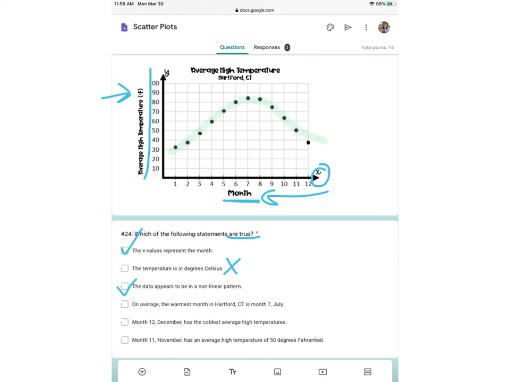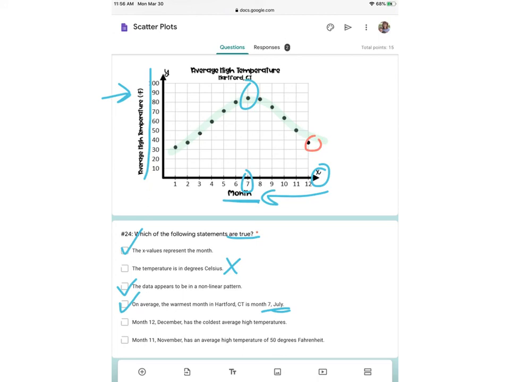On average, the warmest month in Hartford, Connecticut is the month of July. So we have to know July is the 7th month. January, February, March, April, May, June, July. That is the 7th month. And that does look like the warmest temperature. Two more choices. Month 12, December has the coldest average high temperature.